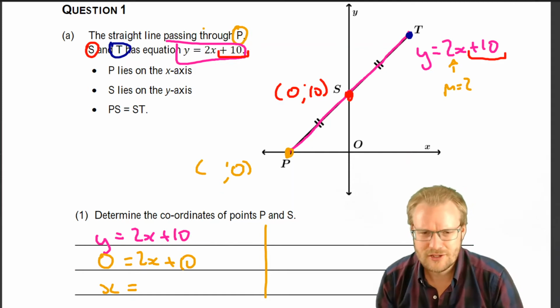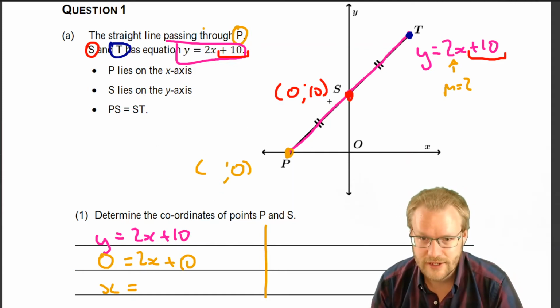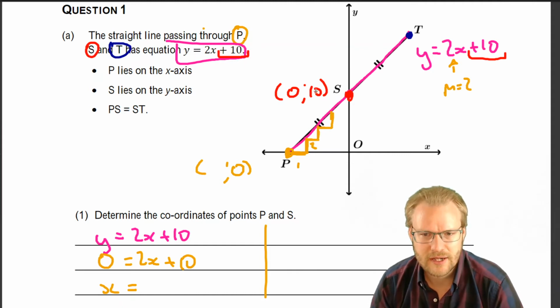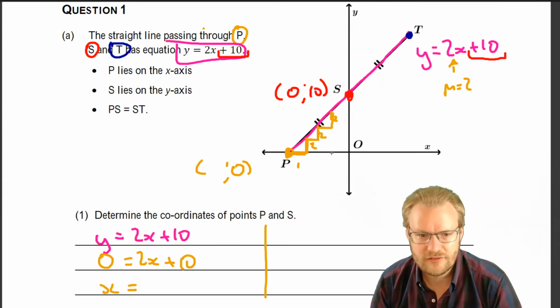If we know this point is (0, 10) and our gradient is 2, then for every one step we go across, we go up by 2. So how many times do we go across by one step and up by 2? Making our little staircase, we're going up by 10, so how many lots of 2 do we have in 10? We've got 5 of them.